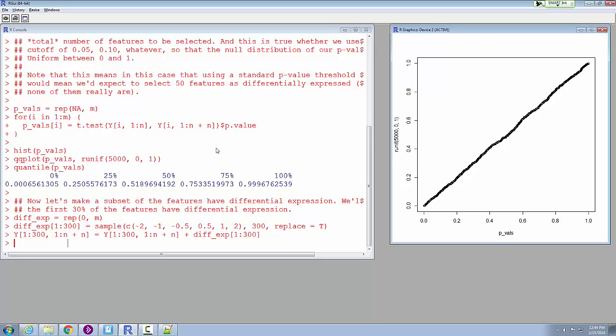So looking through, doing tests, and searching for interesting features, ideally we would find the first 300 and none of the last 700. In practice, we'll have true interesting features and true null or uninteresting features, but we won't know which ones are which, so we have to use our statistics to try to find them.